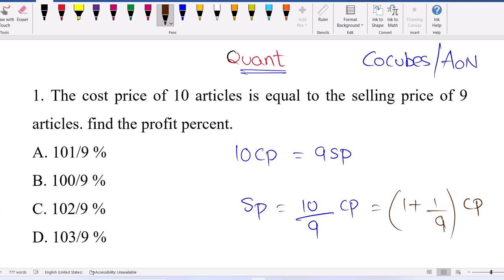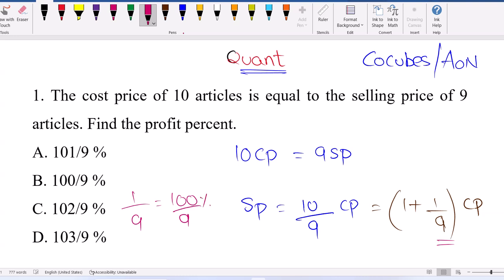SP equal to 1 into CP means no profit, no loss. Plus something means there is a profit. After the plus we have 1 by 9 in fraction, but percentage means multiplied by 100. So 100 by 9 percent profit. Option B, 100 by 9.